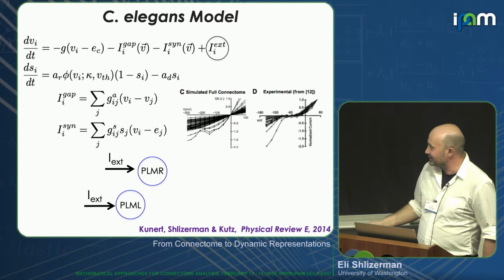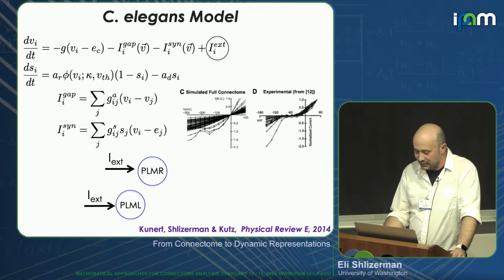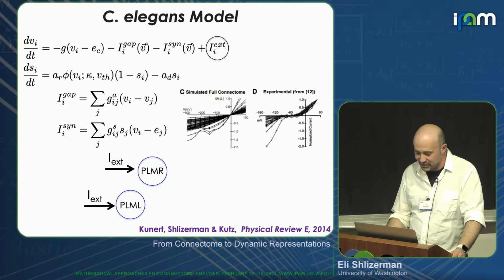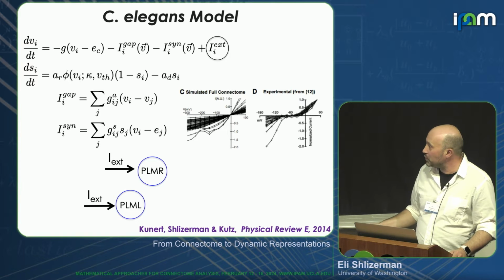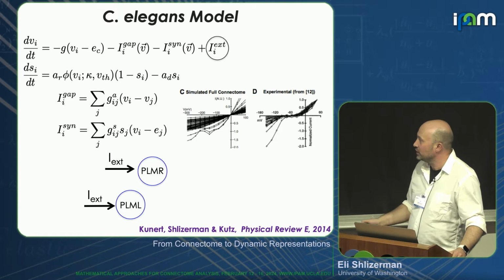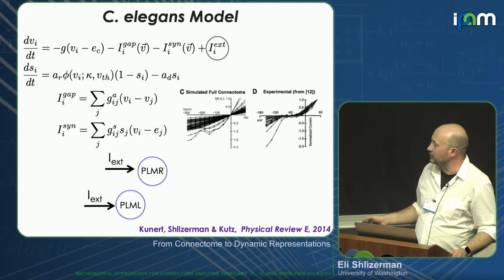So inspired by that work, this is what we started to consider in 2014 with James Kunert, our joint student with Nathan Kutz. And what we proposed is to model the neurons in terms of their dynamics. So here you can see it's proposing to model a linear term for each neuron, and then input currents in terms of gap junctions and synaptic activity.